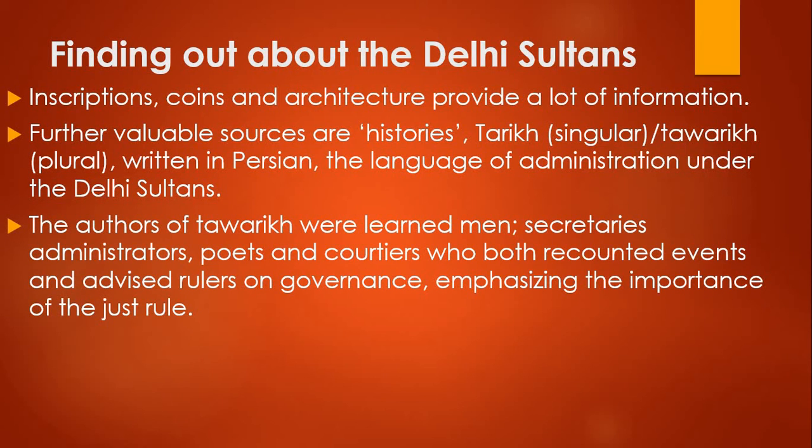The authors of these Tawarikh or histories were particularly learned men, secretaries, administrators, sometimes poets, courtiers, who both recounted events and advised rulers on governance, emphasizing the importance of just rule.